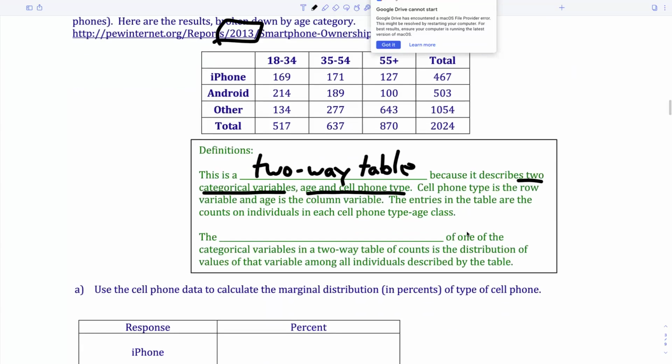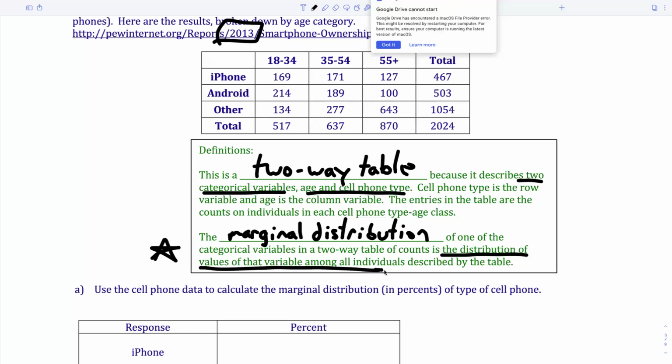All right, and so this next definition is important. It is called a marginal distribution. A marginal distribution of one of the categorical variables in a two-way table of counts is the distribution of values of that variable among all individuals described by the table.